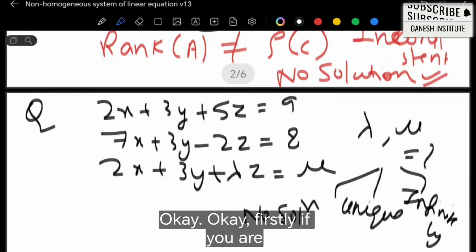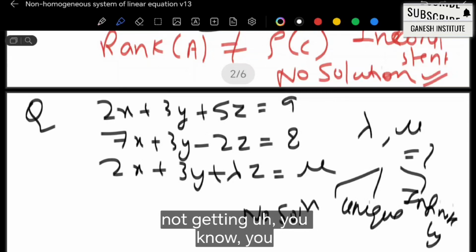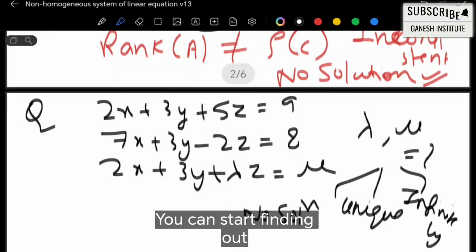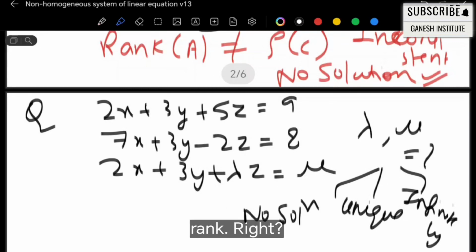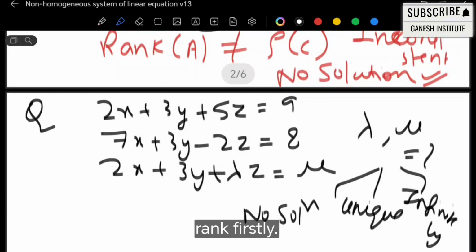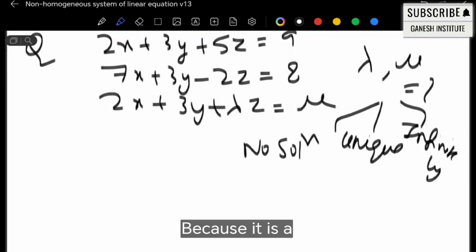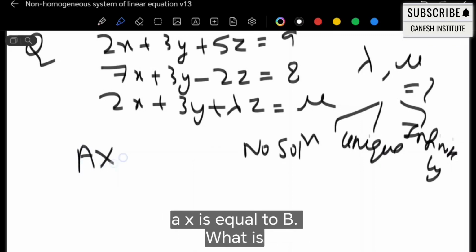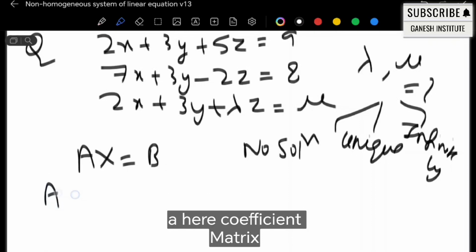Okay, firstly, if you are not getting anywhere, you can start finding out rank, right? So what we are supposed to do in rank? Firstly, because it is a non-homogeneous system, so AX is equal to B. What is A here?